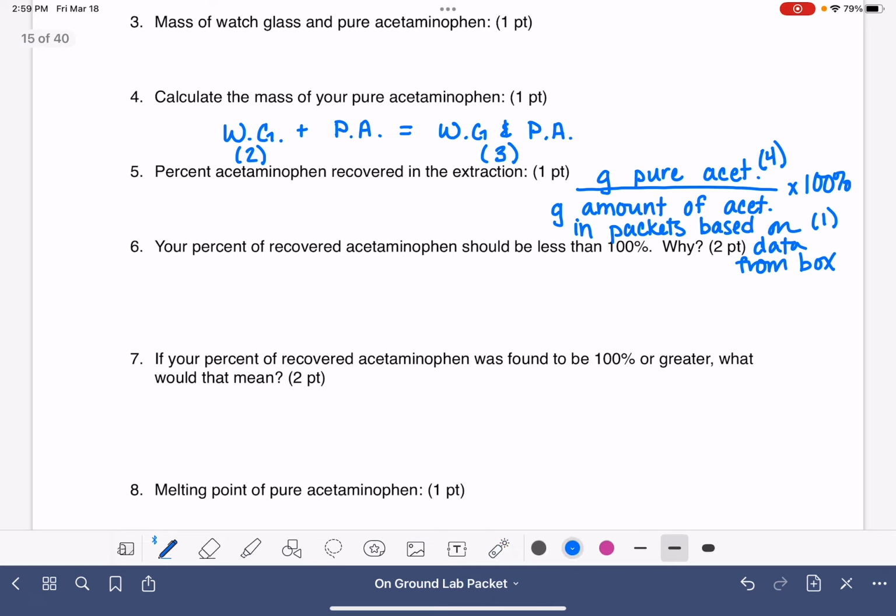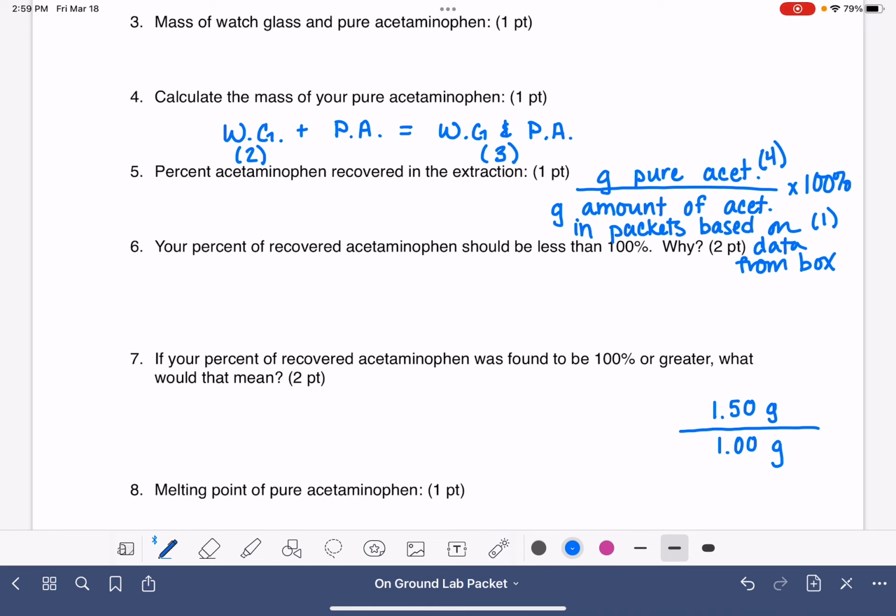And let's use some hypothetical numbers here. This isn't the answer to the question, but this might help you think about the answer. Let's say that the box said that we had 1 gram of acetaminophen in the box. And I don't think that it's that much, but let's just say that's what it was. And let's say that the amount that you recovered, your pure acetaminophen, was 1.5 grams.